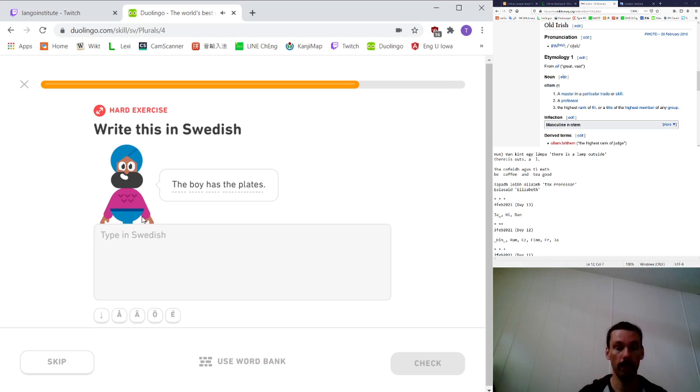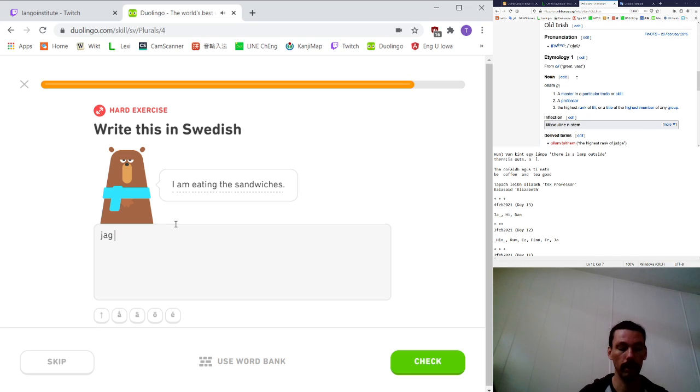The boy has the plates. Okay, boy, pojken, easy enough, has tallrikarna. Tallrikarna is my guess. Tallrikarna. Jag äter the sandwiches.